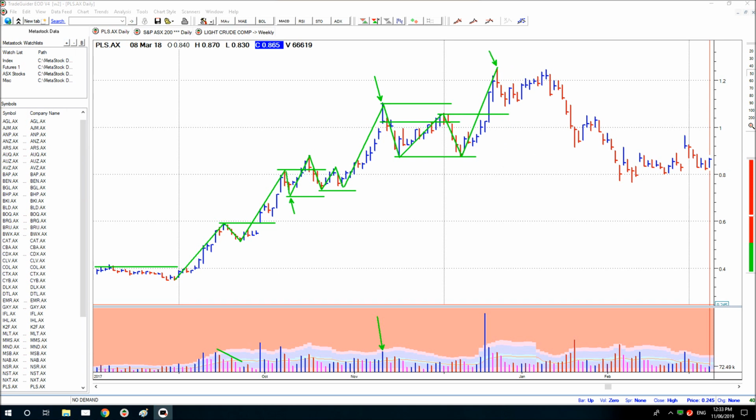Now, once again, you've got a poorly closing bar, which is a bit of a concern, and the initial pullback is actually quite shallow and brief, but this buying wave here is a concern too. You can see that it didn't go above the previous high whatsoever.